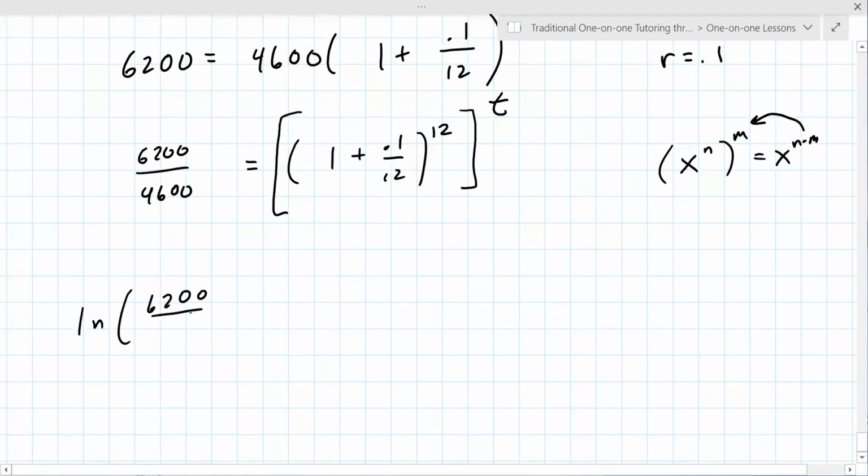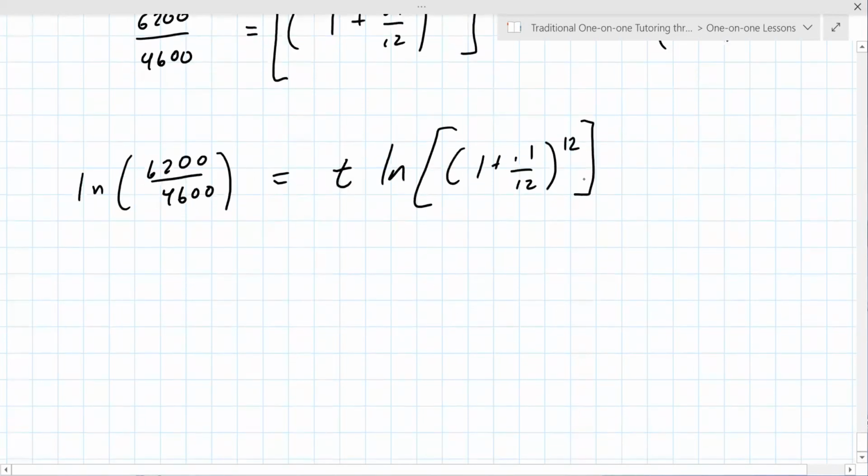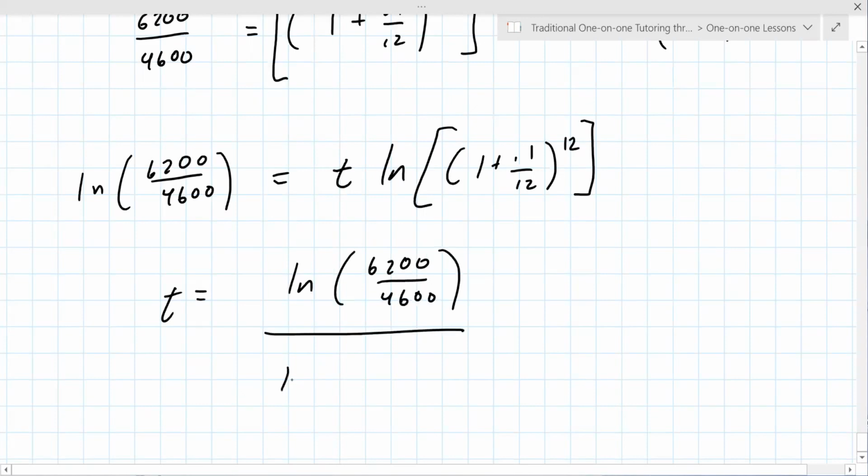So you take the natural log of both sides. This becomes t times the natural log of this mess inside here, 1 plus 0.1 over 12 to the power of 12. This is just a number. This natural log stuff, it just is a number. It's just not a number you like. You divide both sides by that, and you get your final answer here.